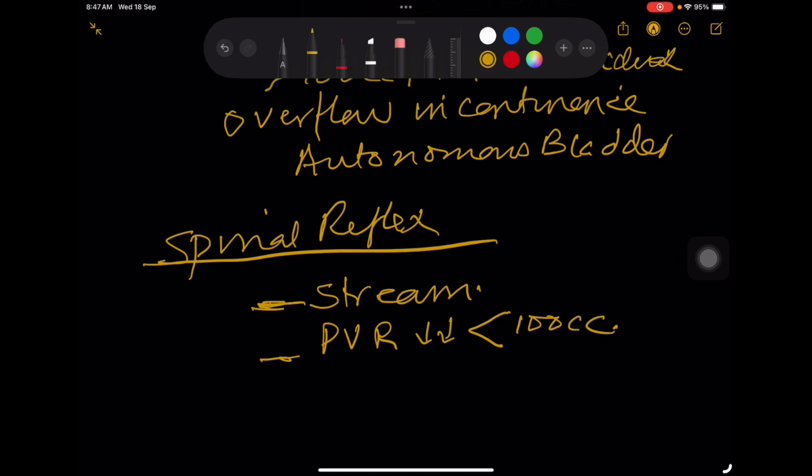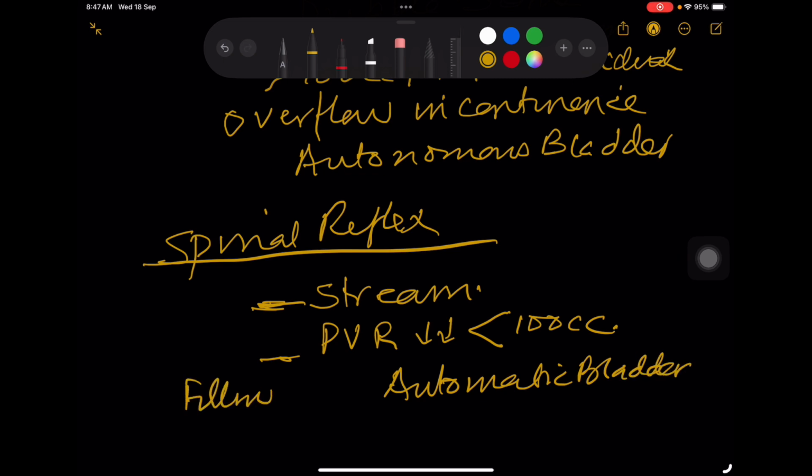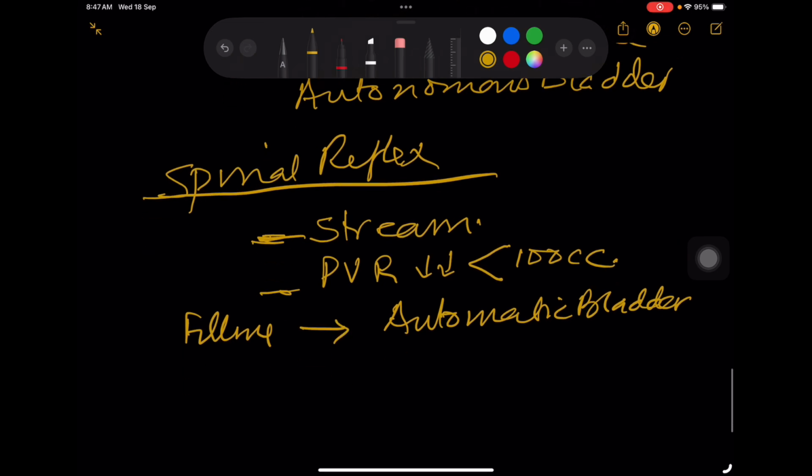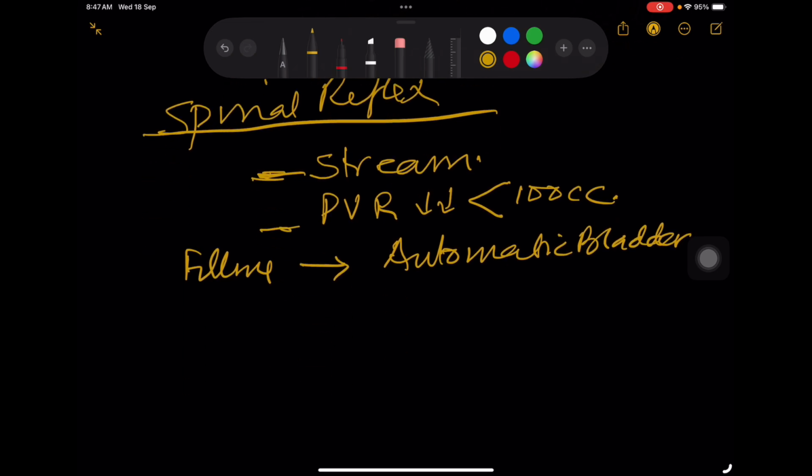And this bladder is called as automatic bladder because it's only controlled by filling. Neither it is giving the sensation to the brain, nor can the micturition be controlled by the brain. So this is the automatic bladder.